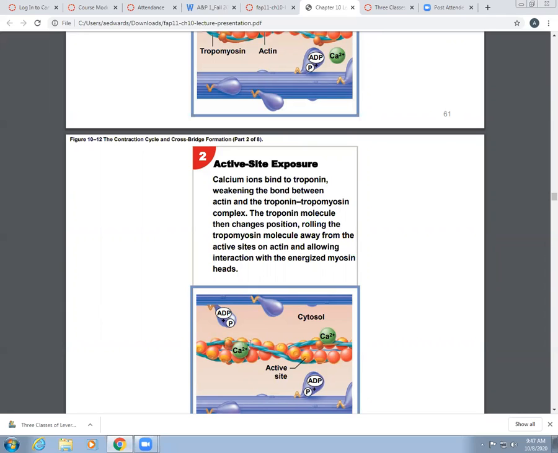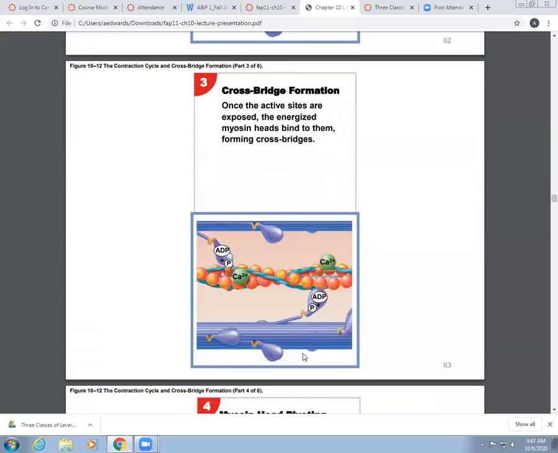So when calcium binds, it moves the tropomyosin out of the way. Now the heads of the myosin can attach to these areas or active sites on the actin. Then you get what's called a cross bridge, where the myosin head attaches to the active site of the actin.